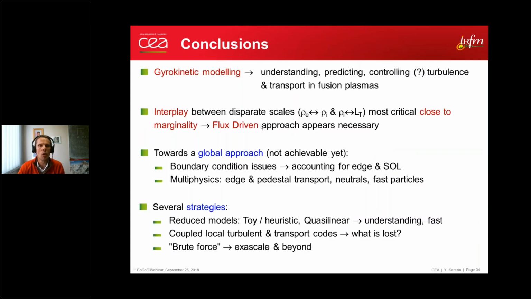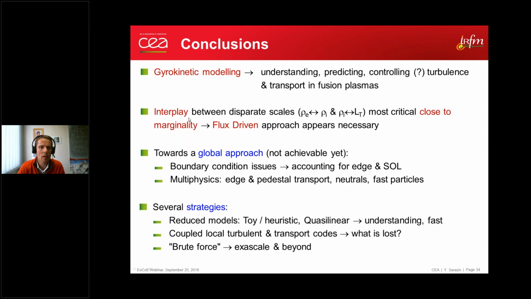So, as a conclusion, gyrokinetic modeling is necessary in the core plasma modeling because of the almost collisionless nature of this plasma. It is critical for understanding, predicting, and possibly controlling turbulence and transport in fusion plasma, and hence reaching improved performance.